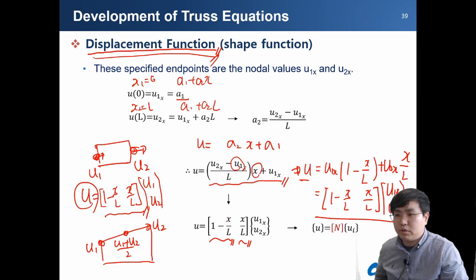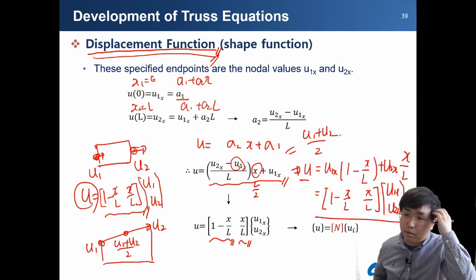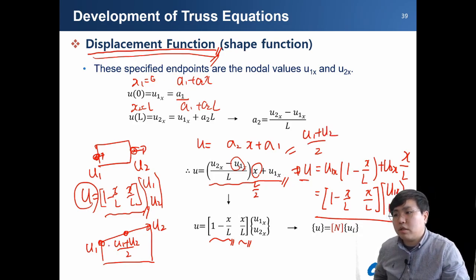So when you put in the center point, x is equal to L over 2, the final value is equal to half of u1 plus u2. So that is how we define the displacement. Using this kind of displacement field, we can say what the displacement values are inside our truss element.